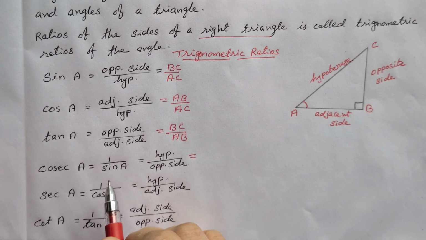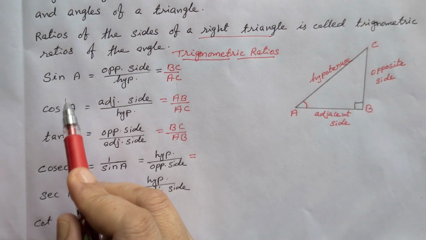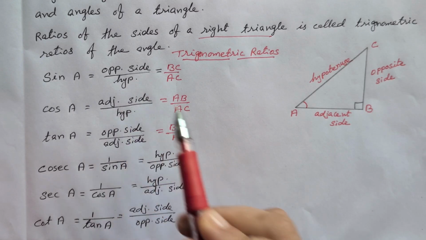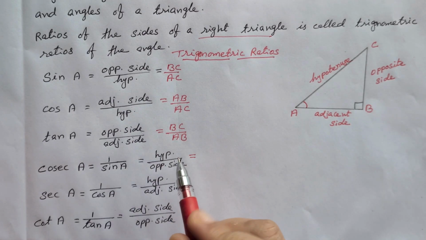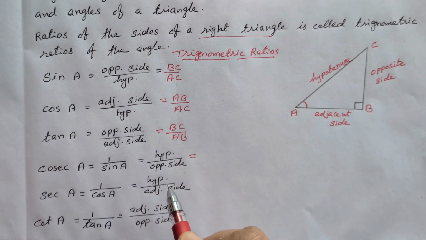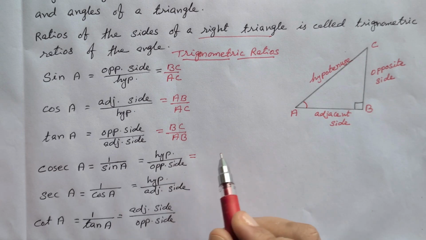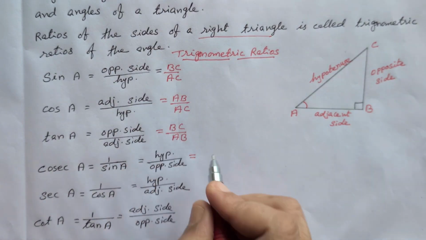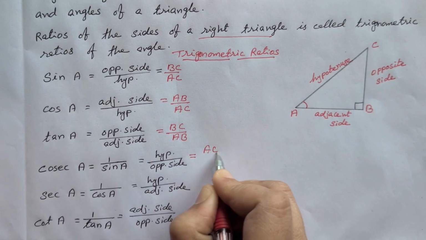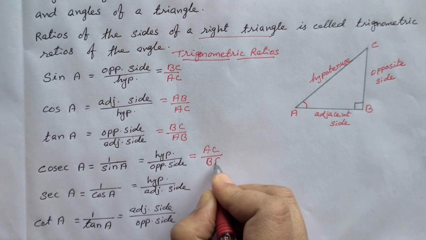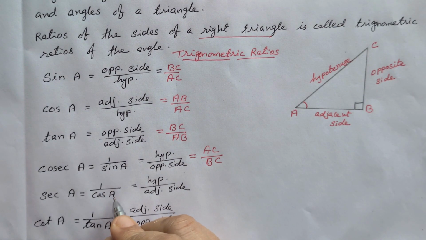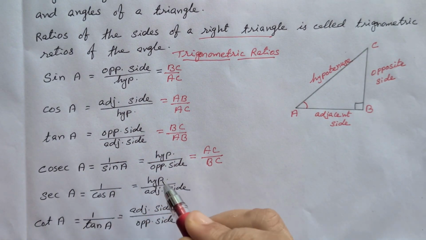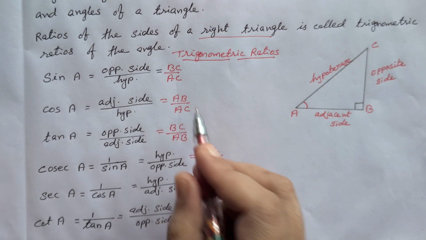That is cosec A. Cosec A means reciprocal of sine. Here sin A means opposite side by hypotenuse, so the reciprocal is hypotenuse by opposite side, which means AC by BC. Same way, sec A is the reciprocal of cos A, 1 by cos A, so we can write AC by AB.